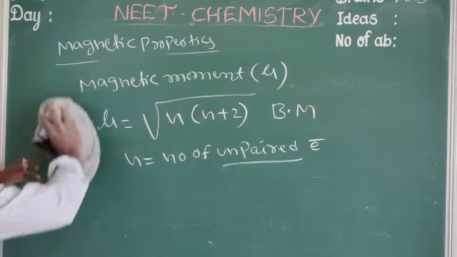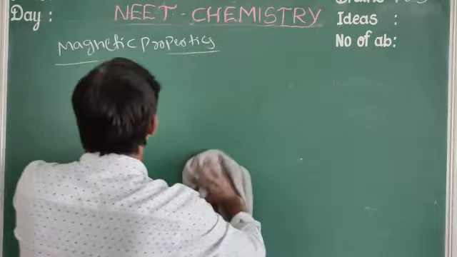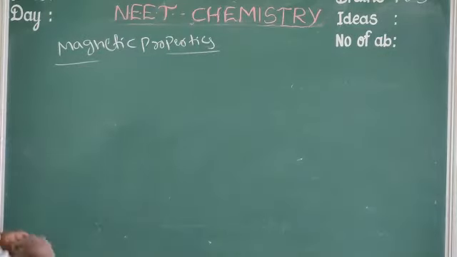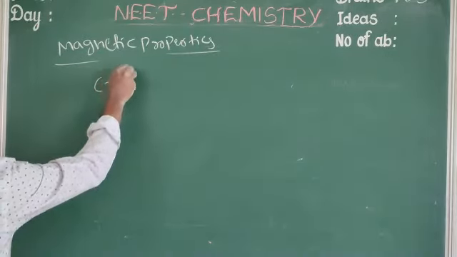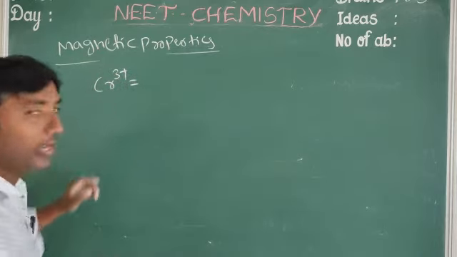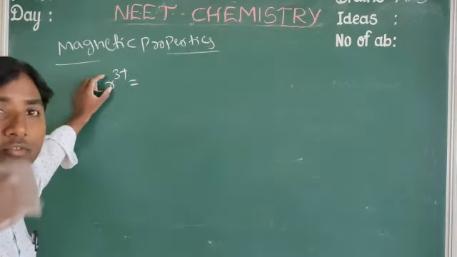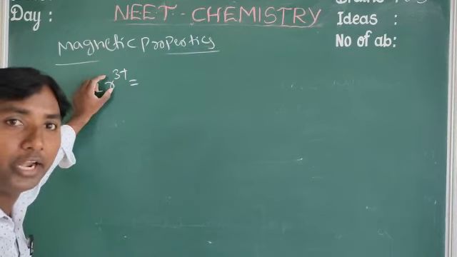For example, Cr3+. What d configuration does it have? How many unpaired electrons are present?